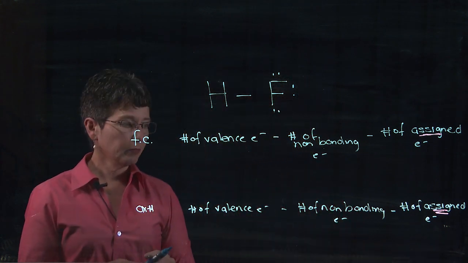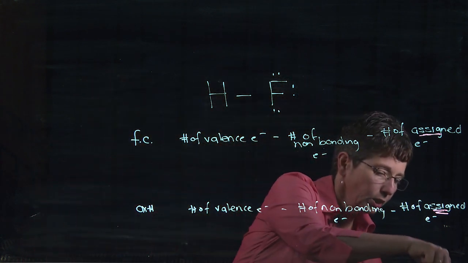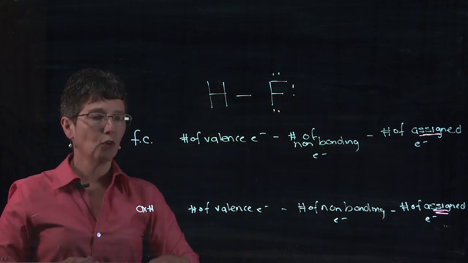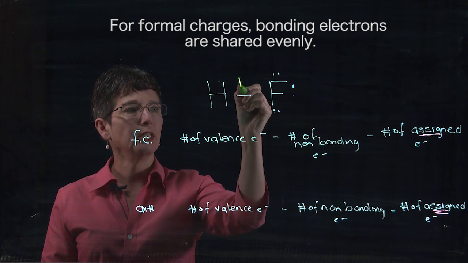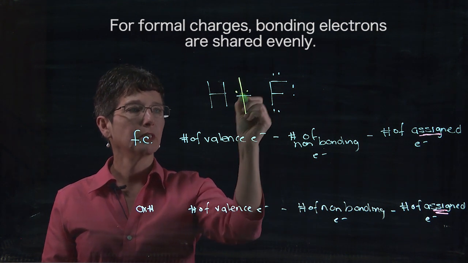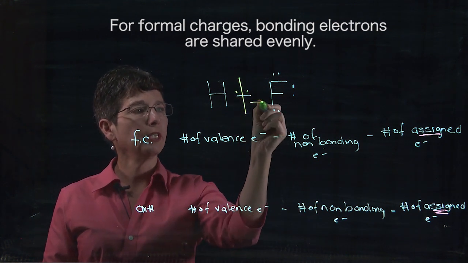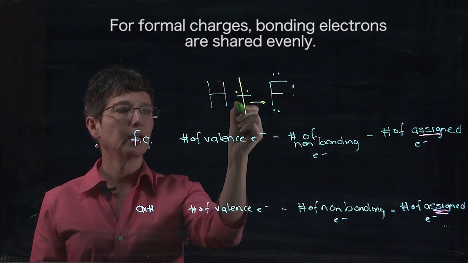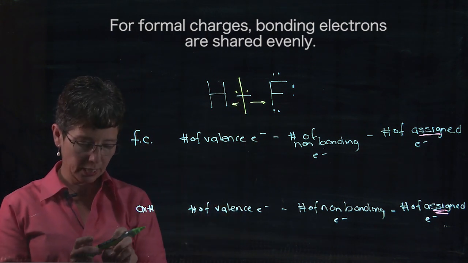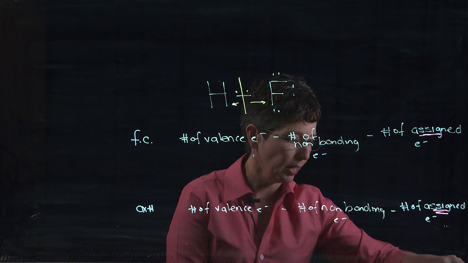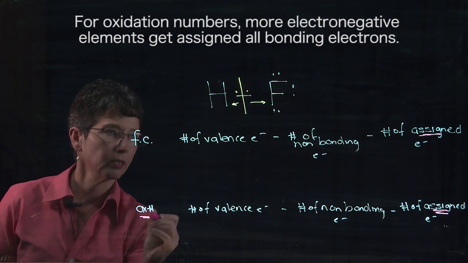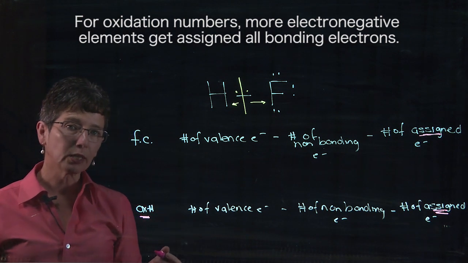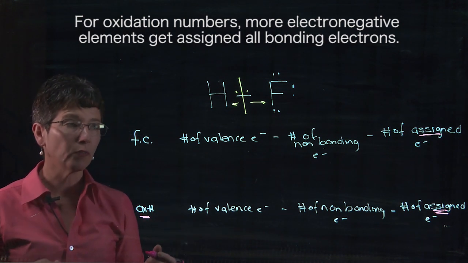As I just mentioned, in formal charge, we're going to assume that the electrons are shared evenly. And so fluorine gets 1 electron in that chemical bond and hydrogen gets the other. And in contrast, in oxidation numbers, we're going to assume that the more electronegative element gets all of the electrons.